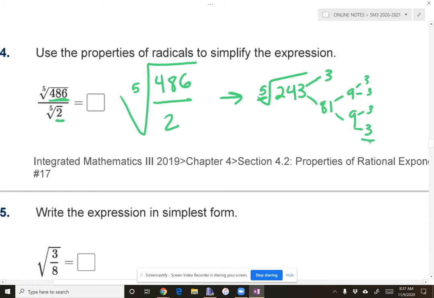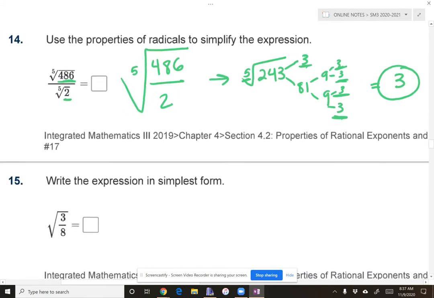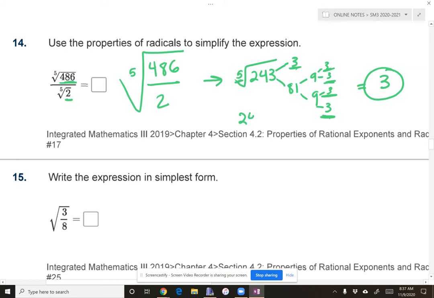If you notice, I've got 1 3, 2 3s, 3 3s, 4 3s, 5 3s, and nothing left over. So my answer is going to be 3. Okay? You could also go 243 raised to the 1/5, and you would get 3. But just know if you get a decimal when you try that, it doesn't want a decimal, so you're going to have to simplify by hand, okay?